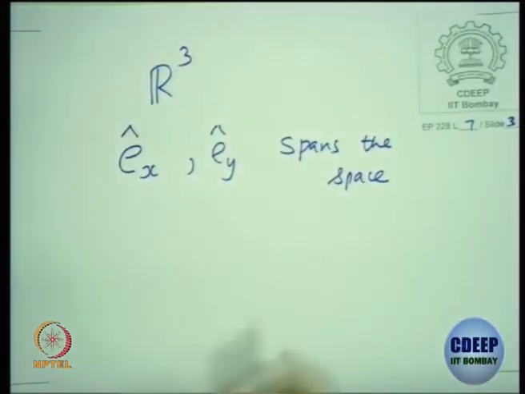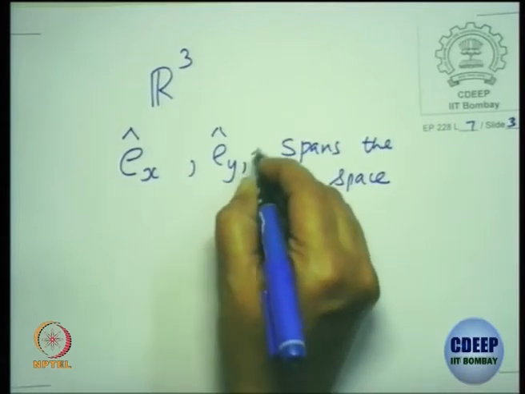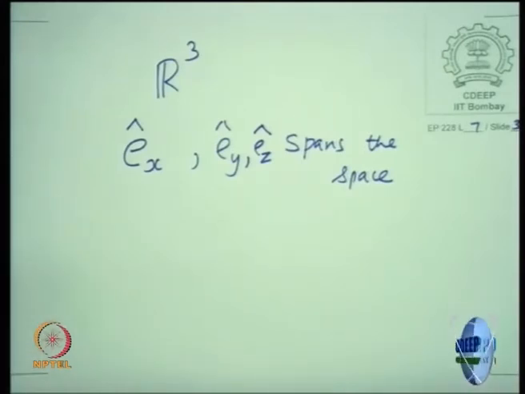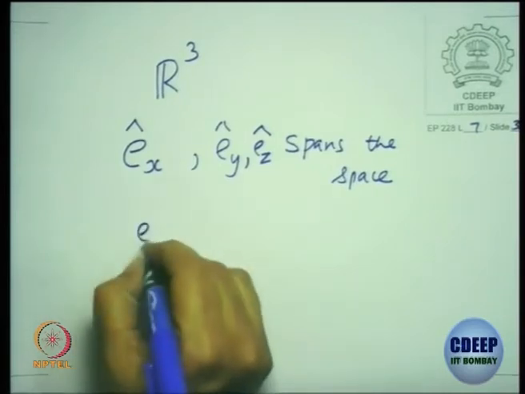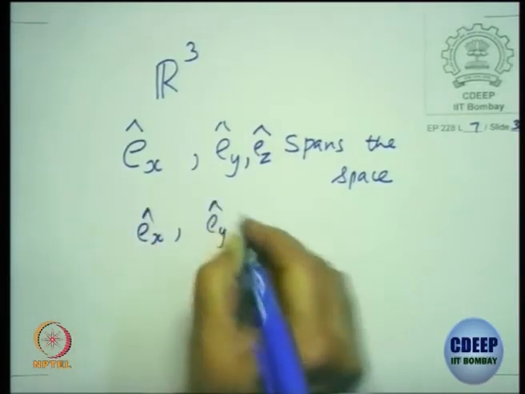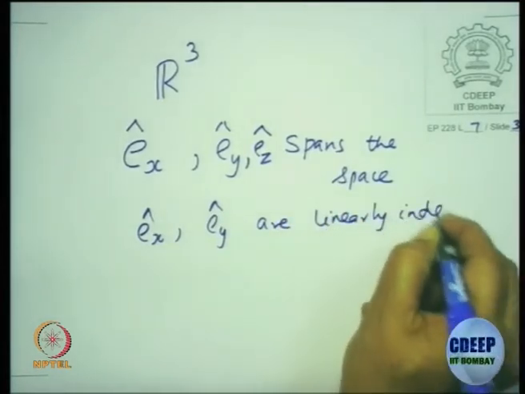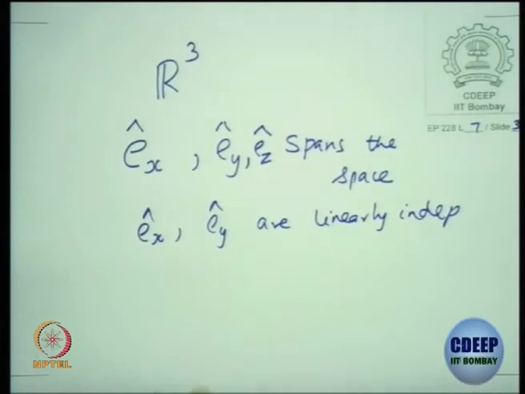No. So you need to add Ez, which spans the space, and Ex and Ey alone do not span the space. You could have written that Ex and Ey are linearly independent, and to span the space which is R3, you need 3 of them.